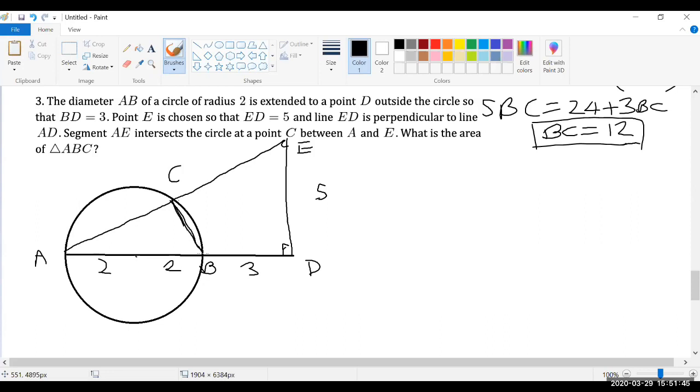All right, so our first step here is to look, well, how do I find the area of ABC?